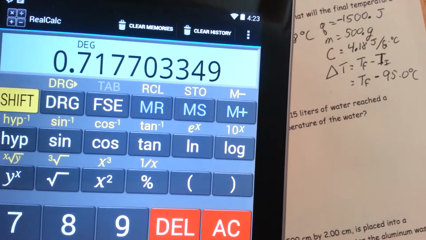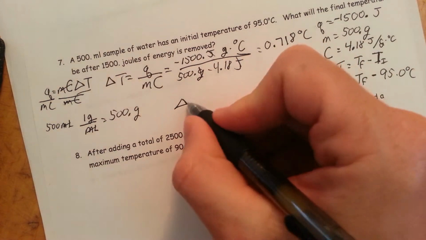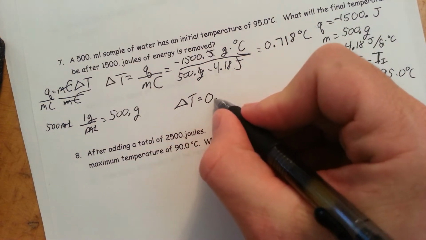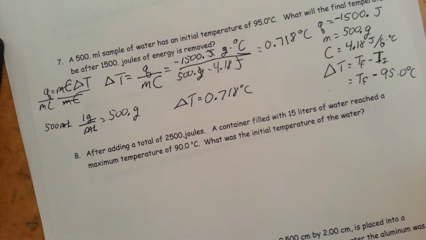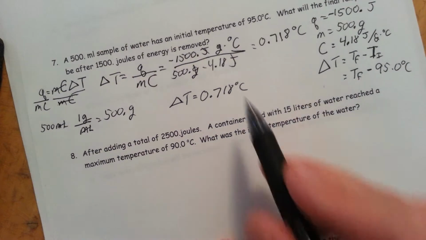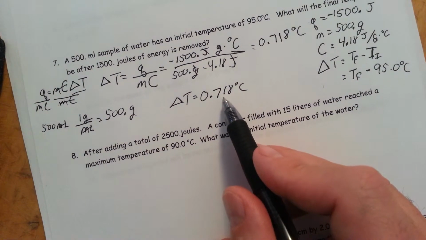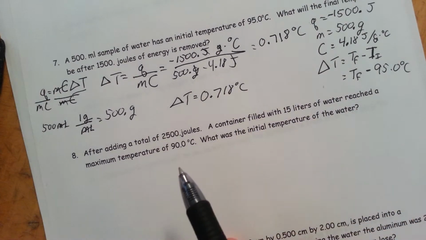So it's not really that much. Our change in temperature, delta T, is equal to 0.718 degrees Celsius. So all that water gives off quite a bit of energy, and it doesn't cool off that much just because the specific heat of water is so large.